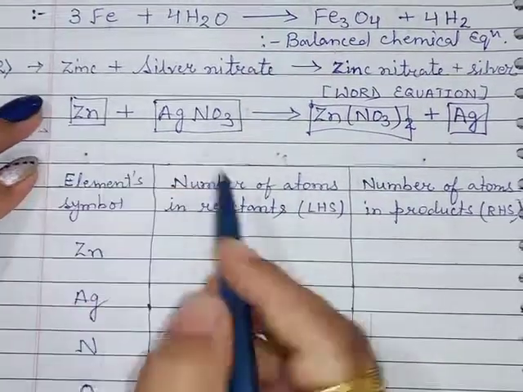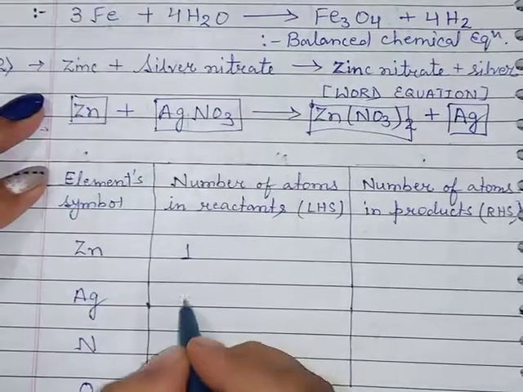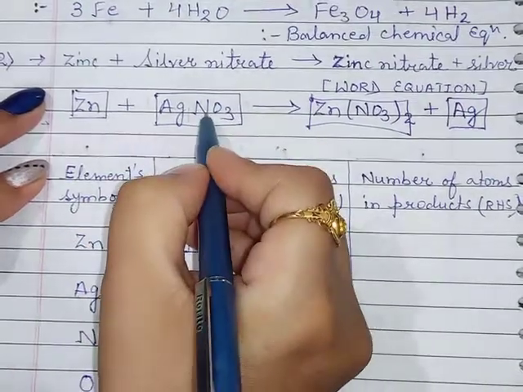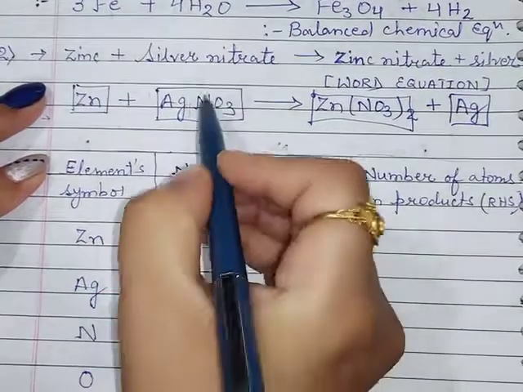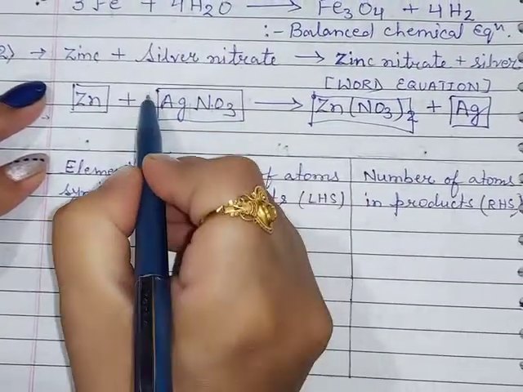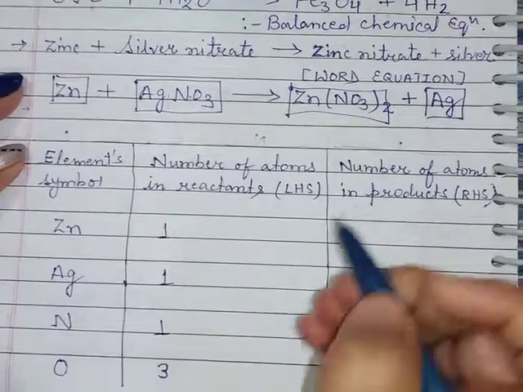Zinc 1 multiply 1, that is 1. Silver 1 multiply 1, that is 1. Nitrogen 1 multiply 1, that is 1. Oxygen 3 multiply 1. The number of atoms of oxygen in reactants is 3.